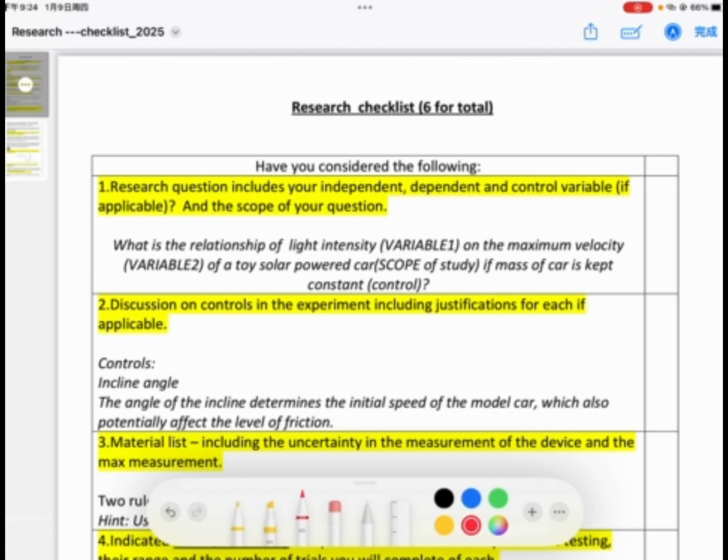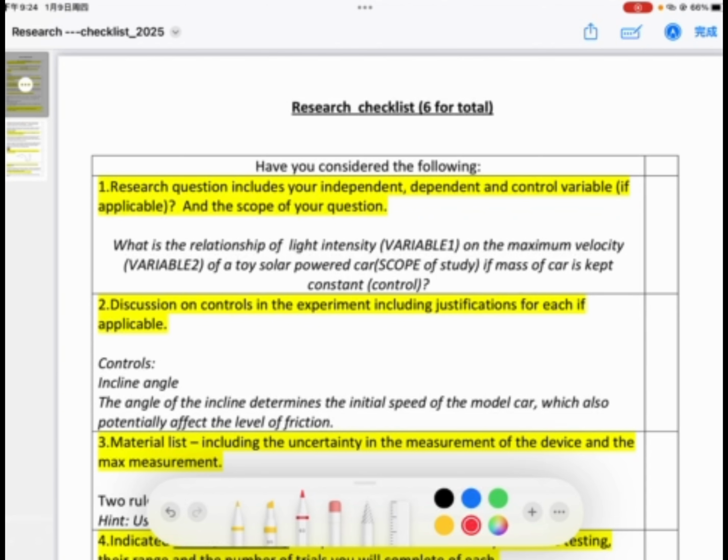Okay, so if you have finished your report, you can use it to check. If you have not, then you can take a look at this one and try to include all the requirements or elements in your background, introduction, and design.